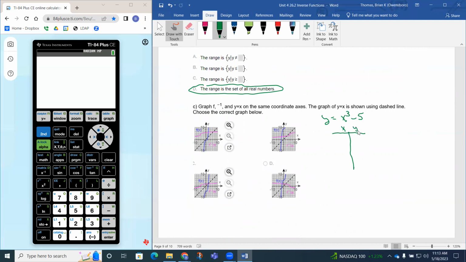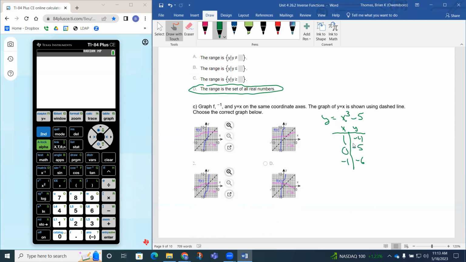So if I want to plot a few points, we could just put 1 in, 1 cubed is 1. And then minus 5, 1 minus 5 would be a negative 4. 0 would go in, that would just give me a negative 5. And negative 1 goes in, that's going to be negative 1 minus 5, a negative 6.